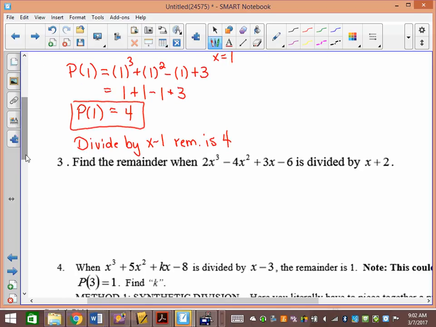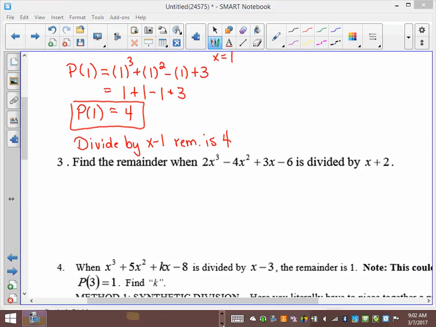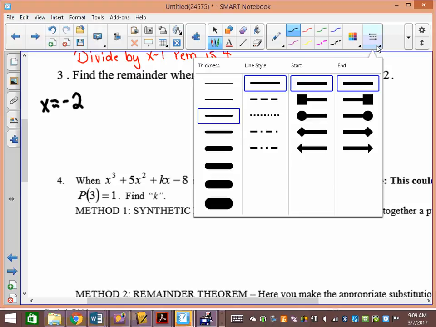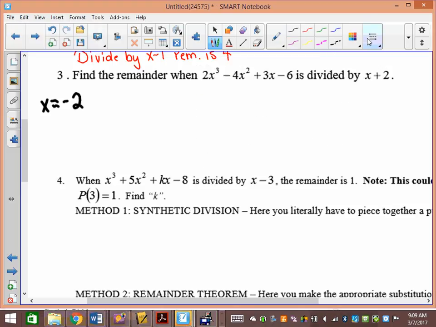Okay, you guys try 3. This one we're going to fill in x equals negative 2. Oh, when I zoom in, my marker's so large. Okay. So we're going to go p of negative 2 equals 2 times negative 2 cubed minus 4 times negative 2 squared plus 3 times negative 2 minus 6.